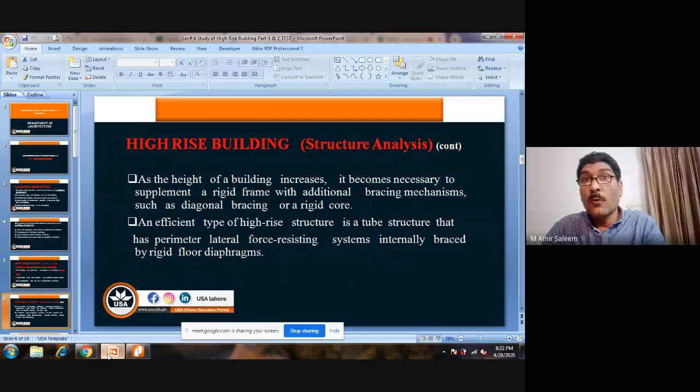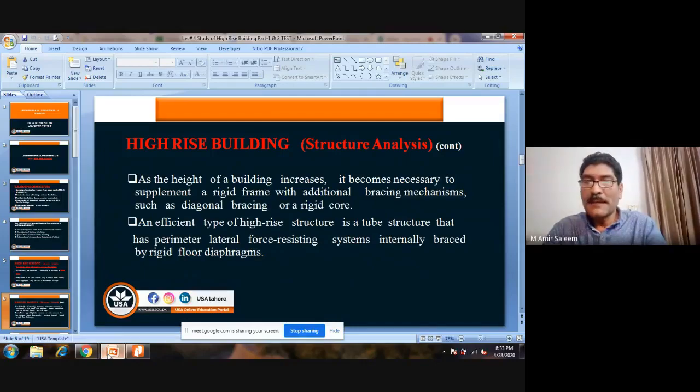But when we go to high-rise, tall buildings, we face some other problems. When we increase the height, it is necessary to add some other mechanics to the structure to make it very stable and safe for the residents.